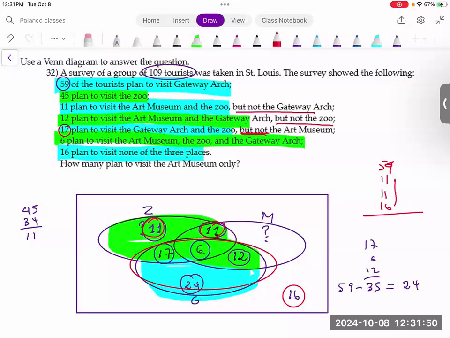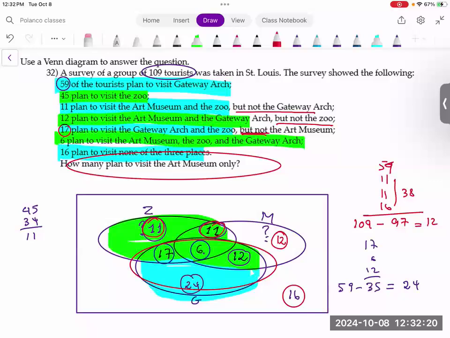So this should be 38. 38 and 59, that's going to be 97. So I'm going to take 109 minus 97, and that's going to be 12, right? So 12, it should be in this part, the museum only. All right. So that's actually the question. How many are planning to visit the art museum only, and that's going to be 12.